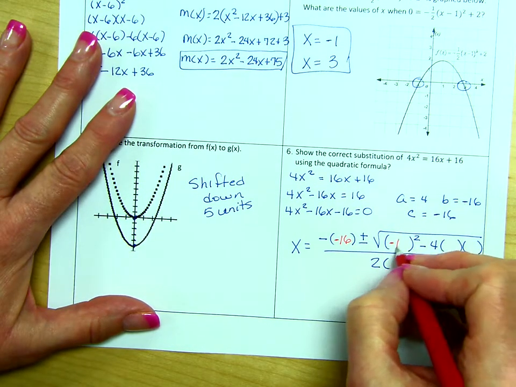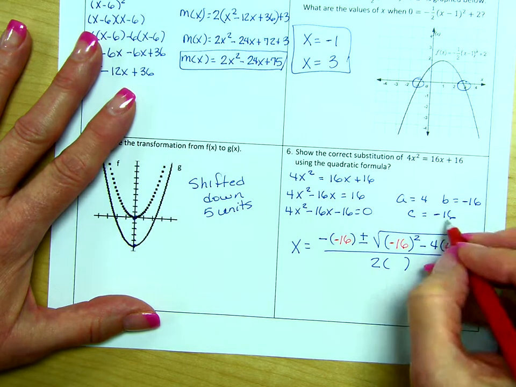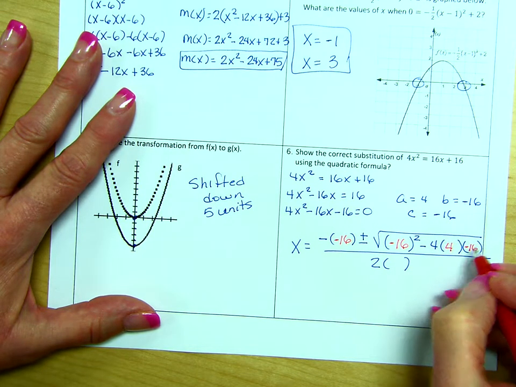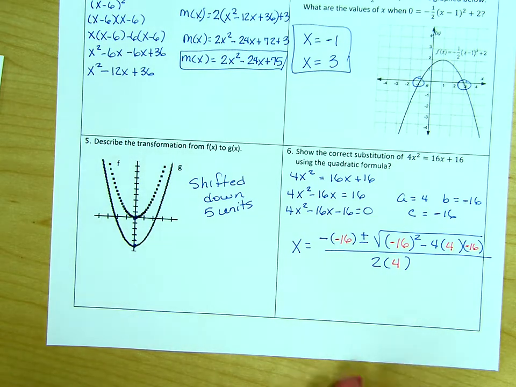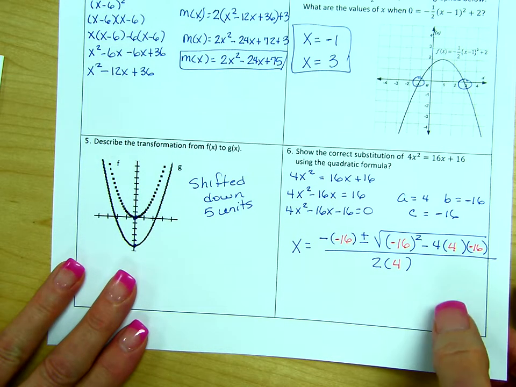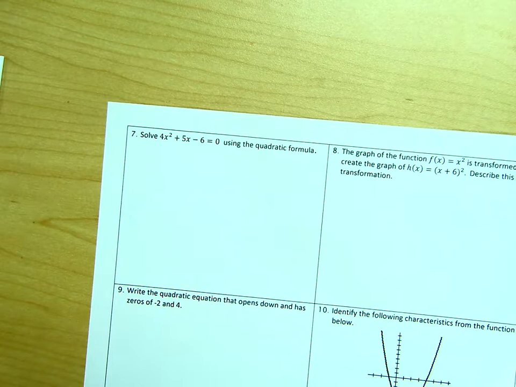A negative 16 goes there. A is 4, c is negative 16, and then again a is 4. And there's your substitution into the quadratic formula. We do not need to solve this at this time. They just ask for the substitution. So let's move on to the back for problem number 7.